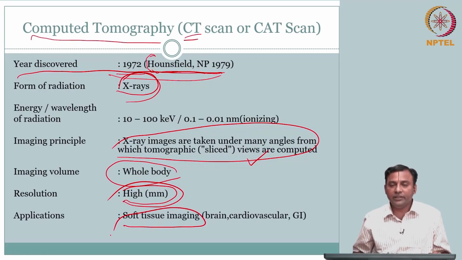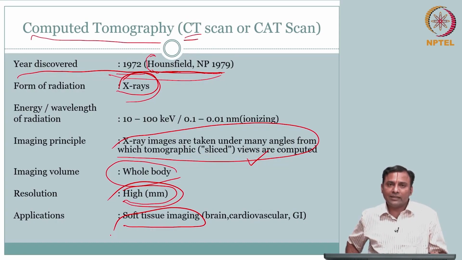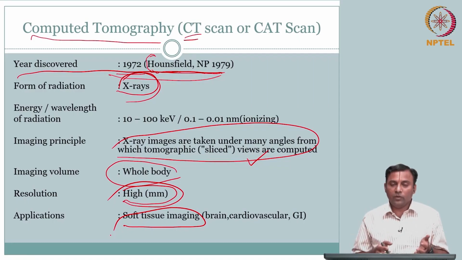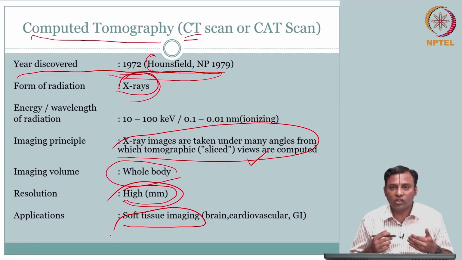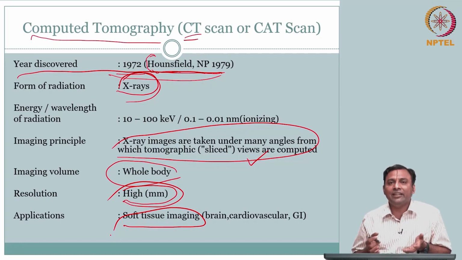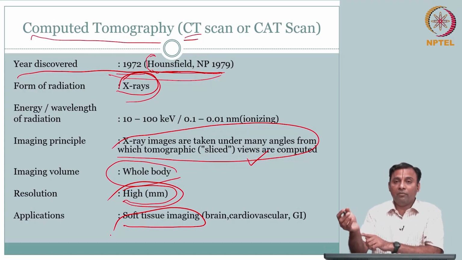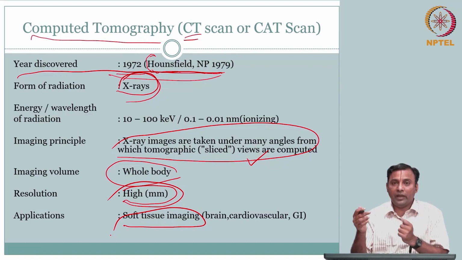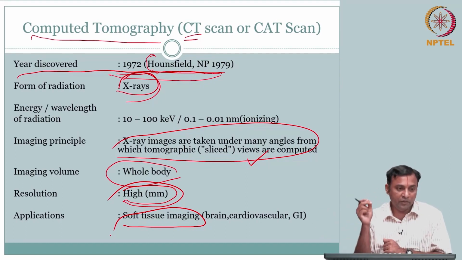Again, application. The moment you said X-ray based imaging, projection radiography was used. So wherever projection radiography can solve the problem, you don't really need a CT. I mean, if I can tell there is a bone fracture here, a quick and safe X-ray projection radiography is good enough, right?